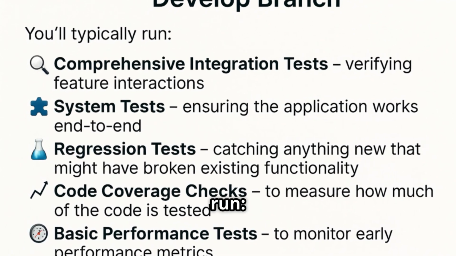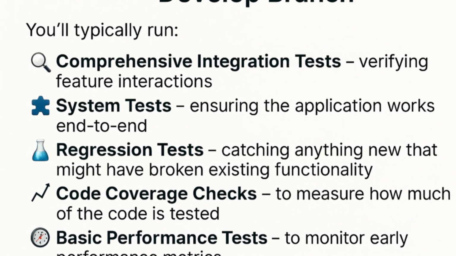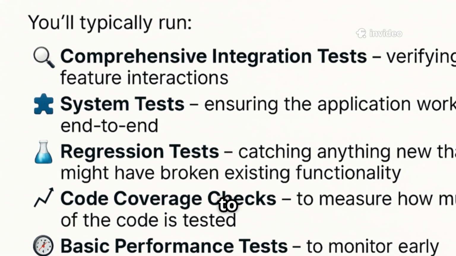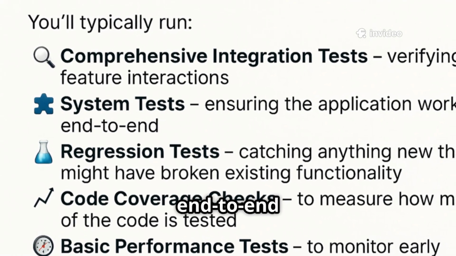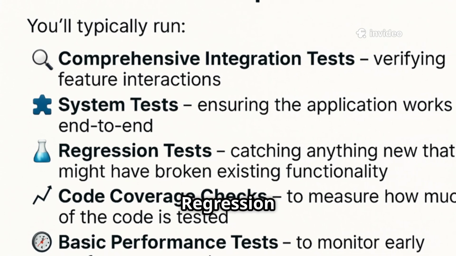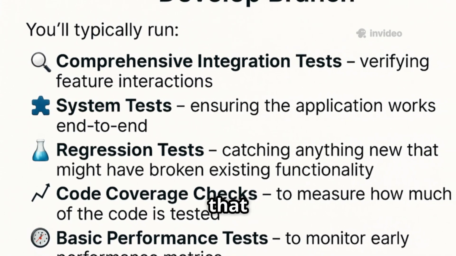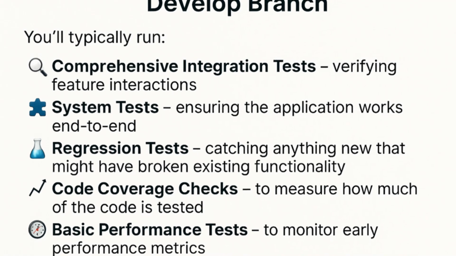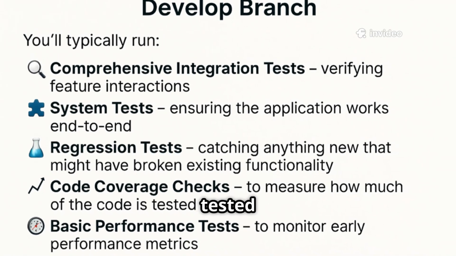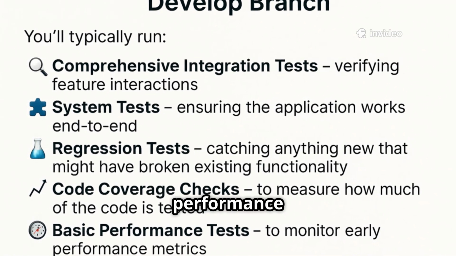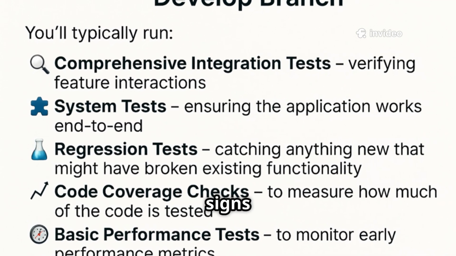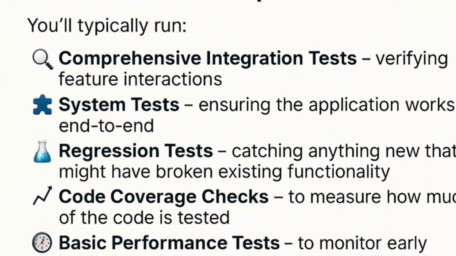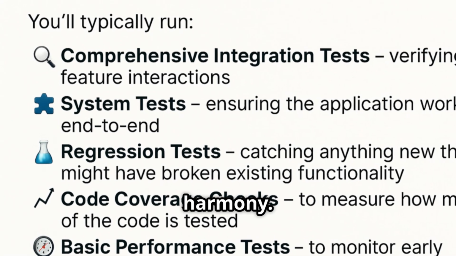You'll typically run comprehensive integration tests to verify how features interact, system tests to ensure the entire application works end-to-end, regression tests to catch anything new that might break existing functionality, code coverage checks to measure how much of the code is actually tested, and basic performance tests to watch for early signs of performance issues. Think of develop as your shared playground, where all code needs to work together in harmony.